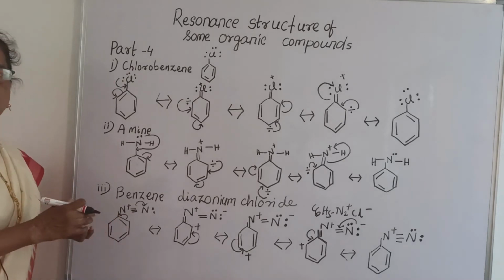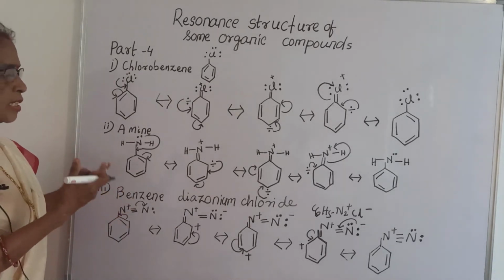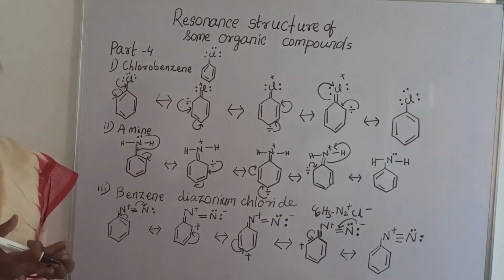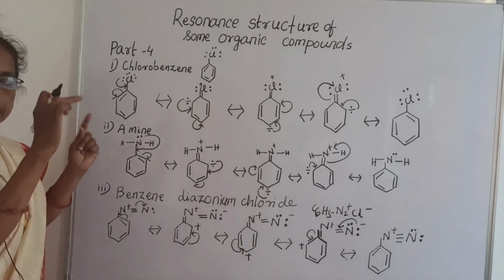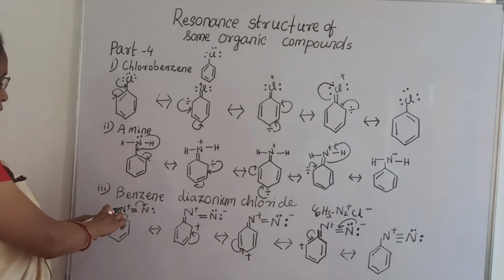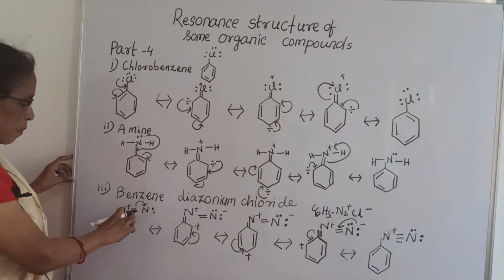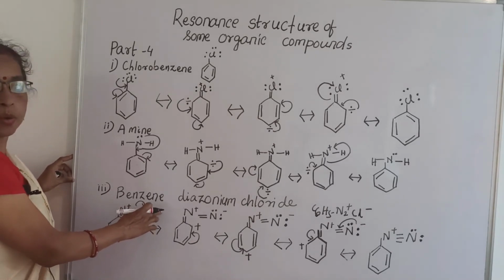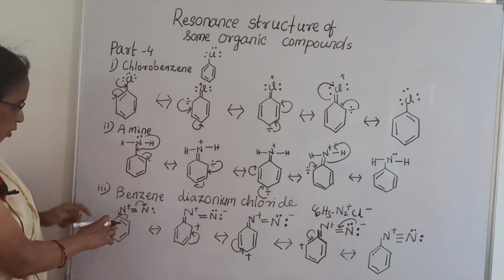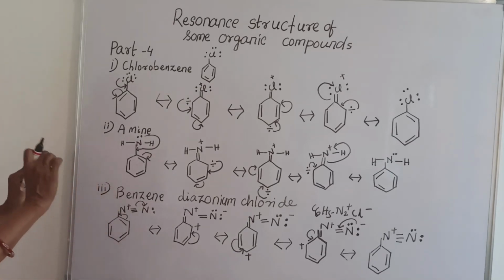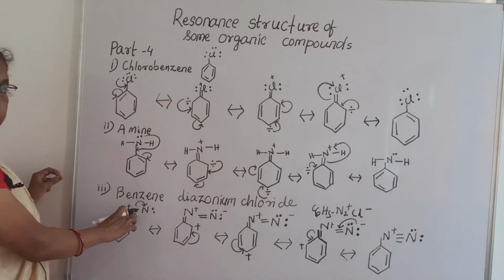Then come to benzene diazonium chloride. What is the formula? C6H5N2 plus Cl minus. That means a benzene ring with N plus and a triple bond to N having a lone pair of electrons. You can observe that N contains a positive charge and there is a triple bond.